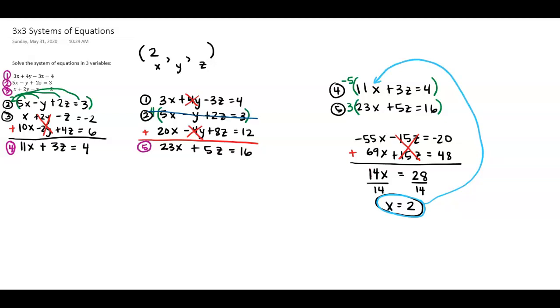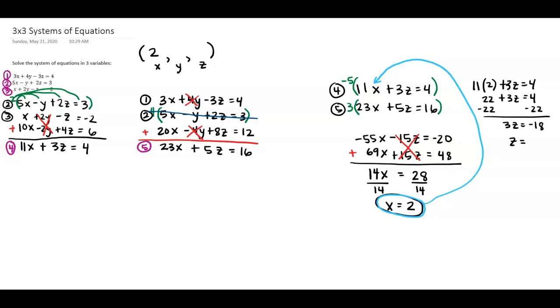Okay, so when I do that, I get 11 times 2 plus 3z equals 4. So I got 22 plus 3z equals 4. Let's subtract the 22 over, because I'm trying to solve for z. So that gives me 3z equals negative 18.